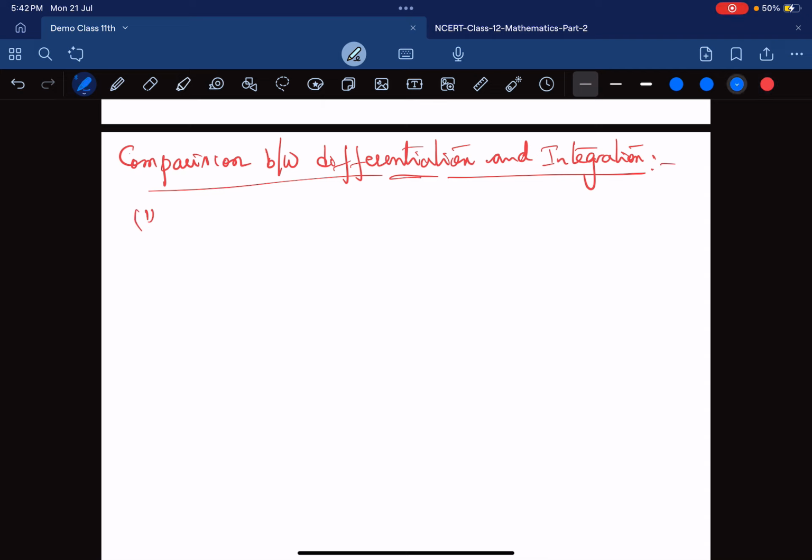Both are operations on functions. It means that they satisfy all operations on functions.